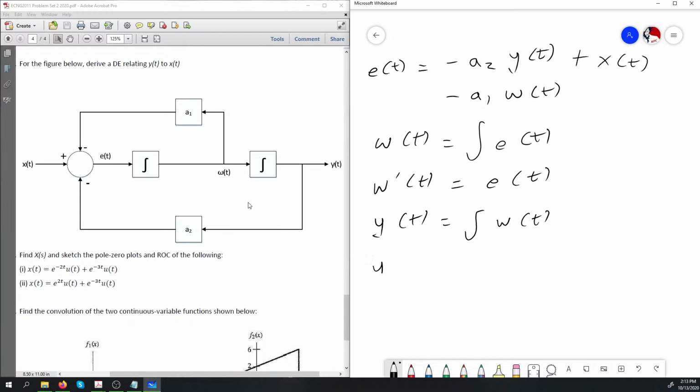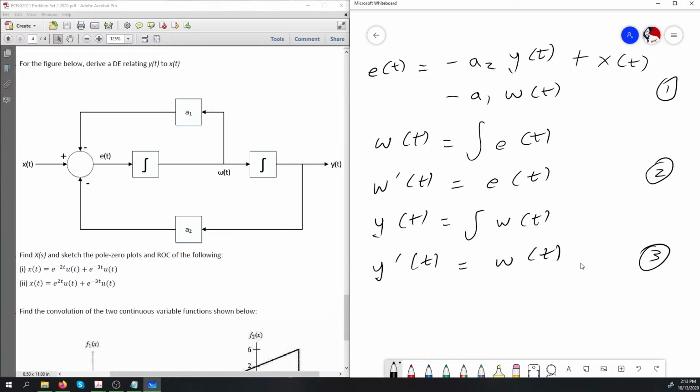And if we differentiate this once, we get y prime of t is equal to omega of t. So let's call this equation 1, this one equation 2, this one equation 3. So equation 2 here is basically e of t, and equation 3 here is basically omega of t.